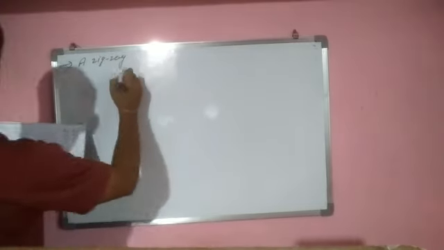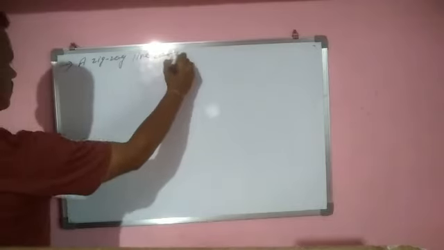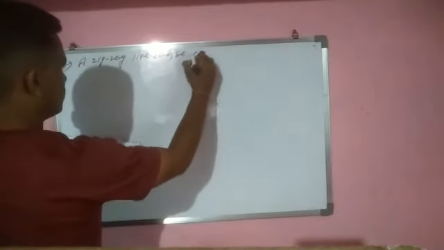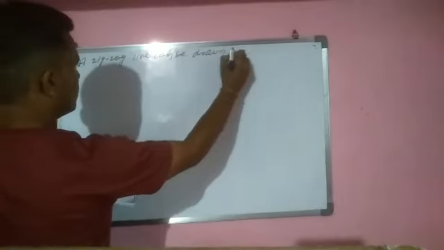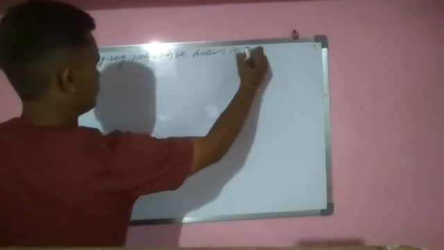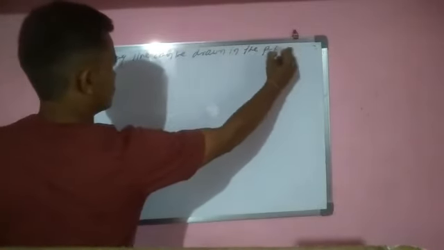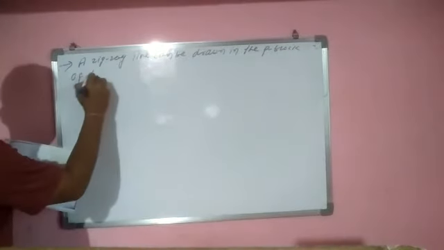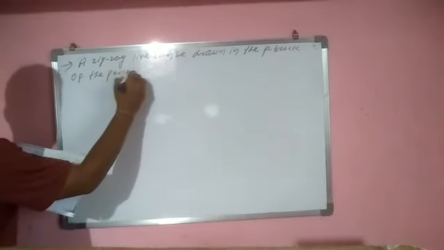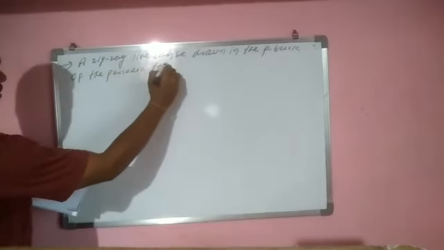The next point, the zigzag line can be drawn in the P block of the periodic table.